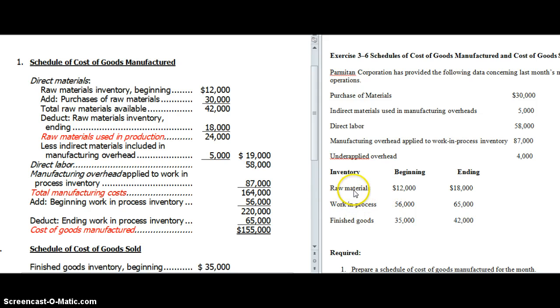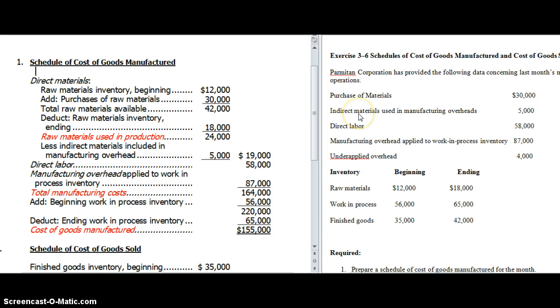So from the question, the ending inventory of raw materials is $18,000. You will deduct the ending inventory of raw materials 18,000 from 42,000 and you get 24,000. This is the raw material that has been used for production.